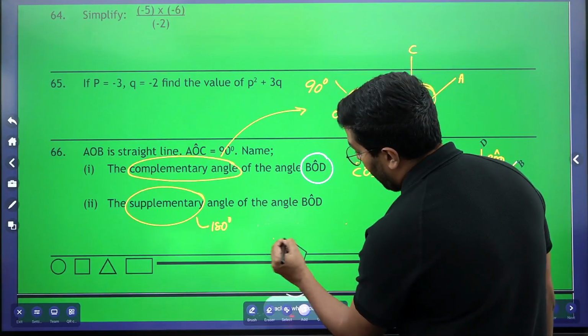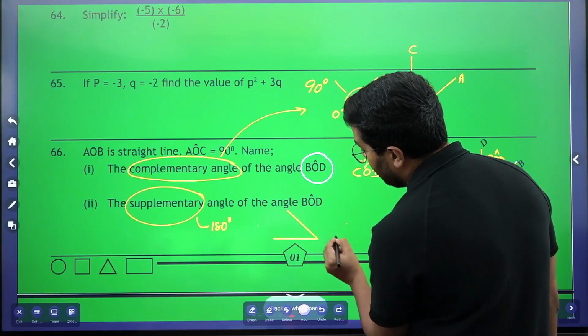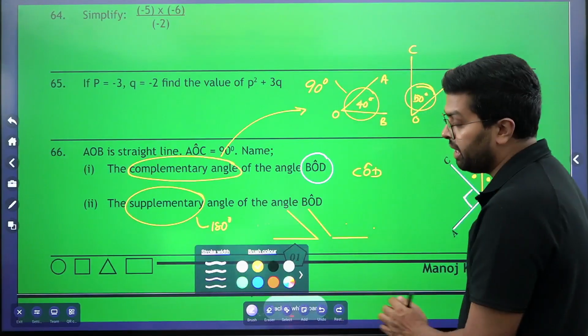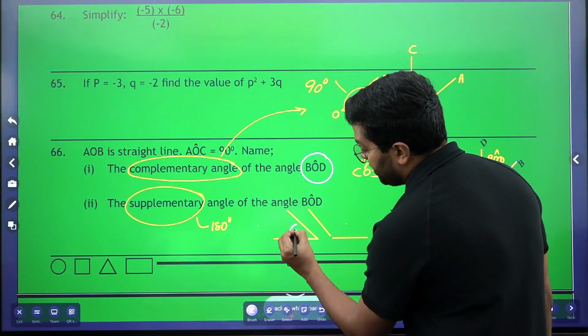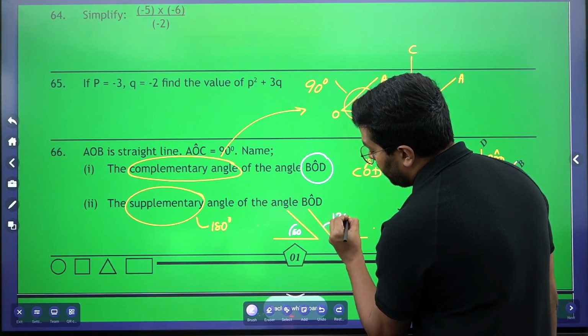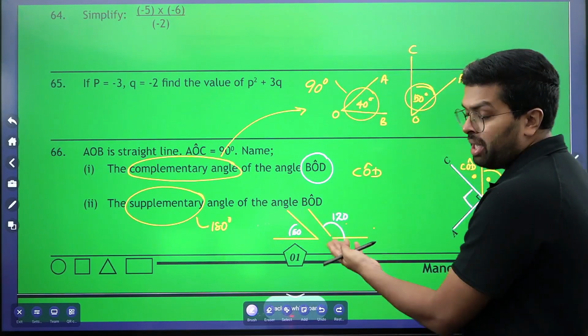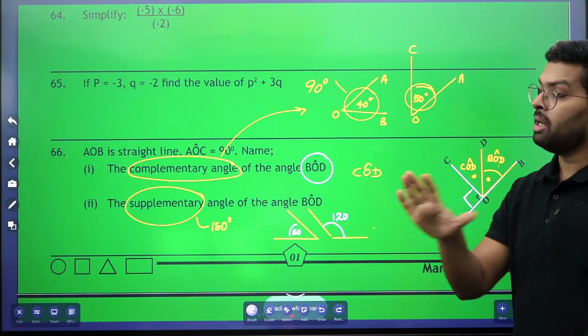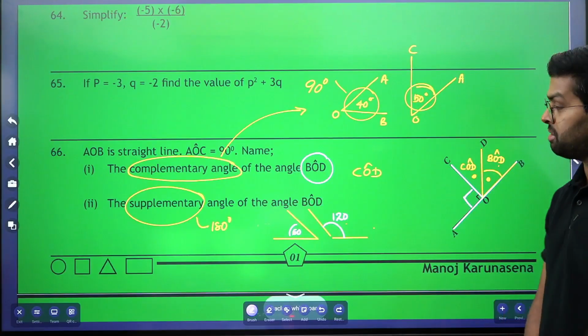We have an angle, let's say a 60 degree angle, and then we have an angle with a magnitude of 120 degrees. The sum of these two angles will be 180, right? So such a pair of angles is called a pair of supplementary angles.